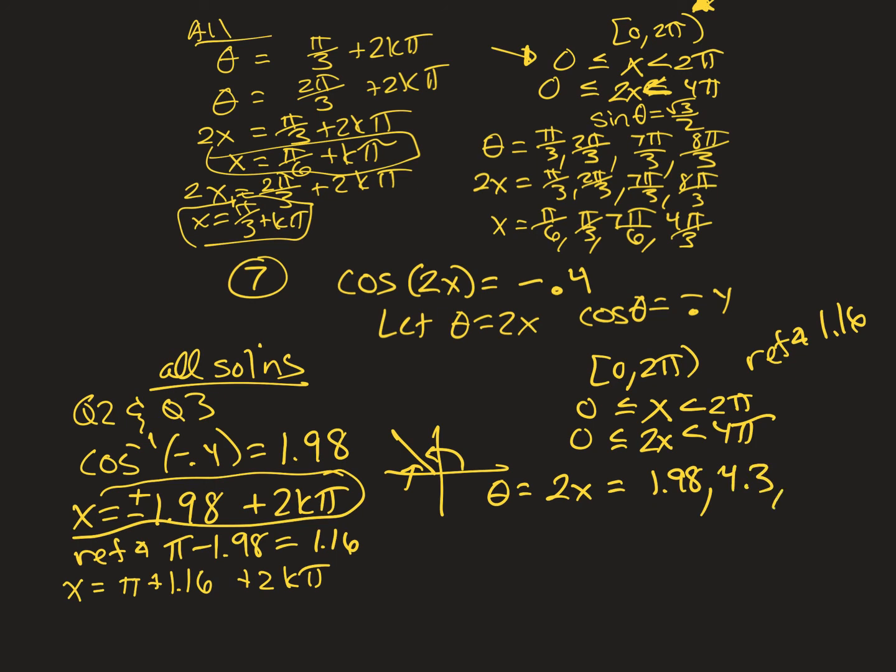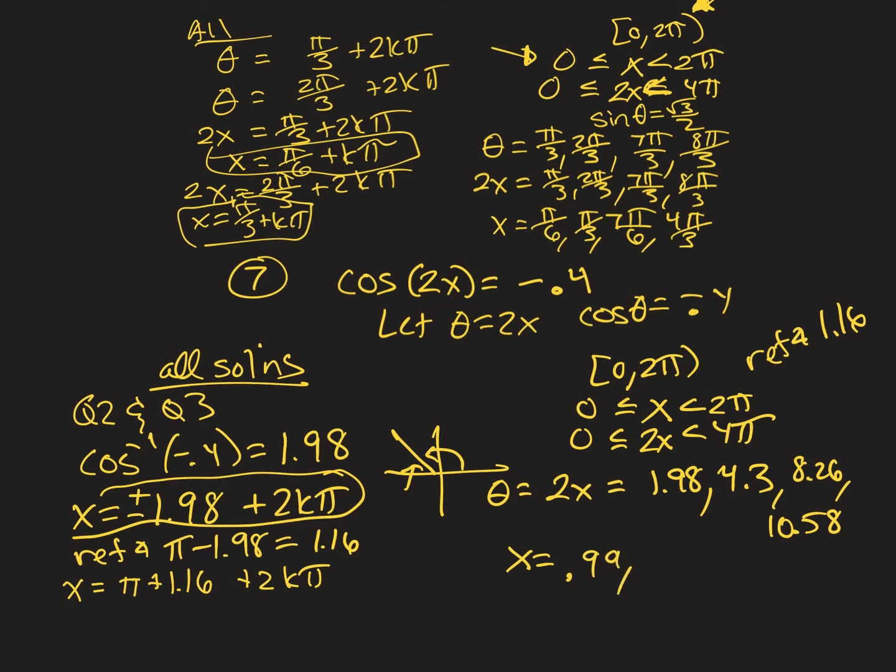And let's just add 2 pi to each of those. So I'm going to do on my calculator 1.98 plus 2 pi and get 8.26. And then I'm going to do 4.3 plus 2 pi, and that's going to be 10.58 about. And so that's what theta or 2x is. And let's just divide everything by 2. So 1.98 divided by 2 would give me 0.99, about.